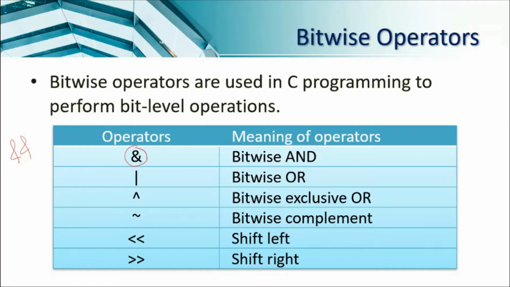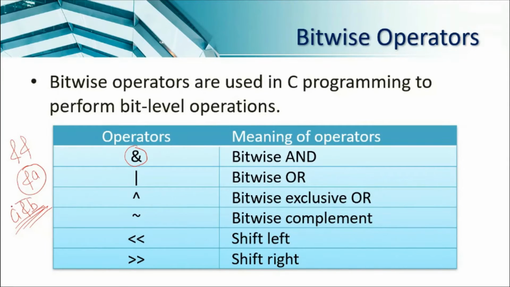There is also an address of operator, that is also ampersand. If we write ampersand A, this means the address of A, the address of operator, and A and B means A and B in binary format. So the ampersand can be used as a unary operator, or it can be used as an operator with multiple operands.